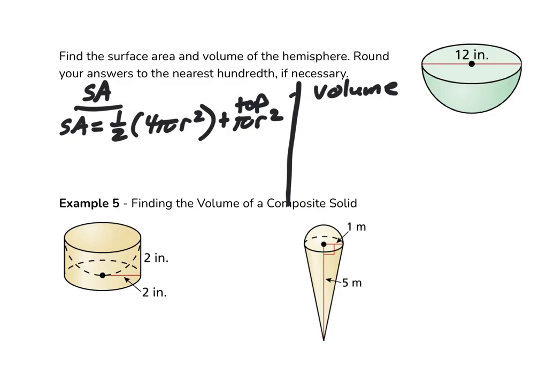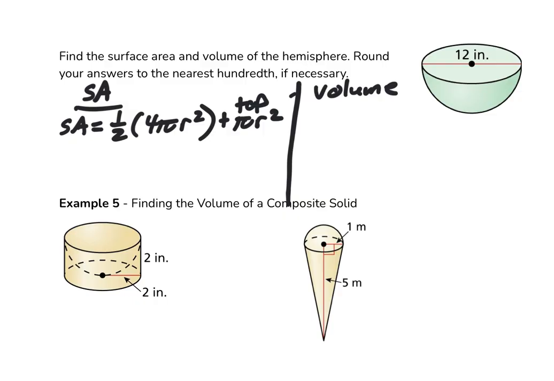Okay, now I'm going to show you a little bit of a trick here. Try to do some math to make this a little bit easier. What's half of 4? 2. So this is 2 pi r squared. This is 1 pi r squared. So if I have 2 pi r squared, that means I essentially have 2 circles. And then I have another one. So now essentially I'm covering up 3 circles. Okay?